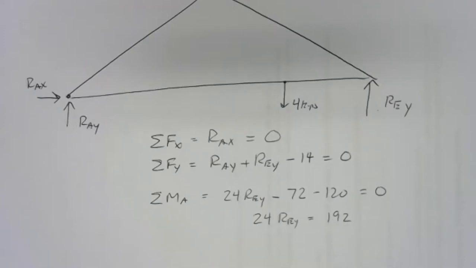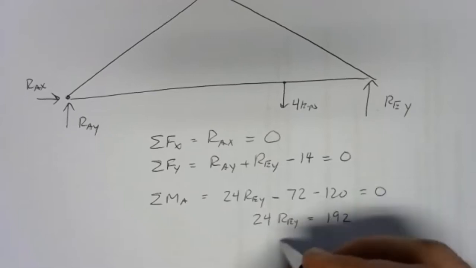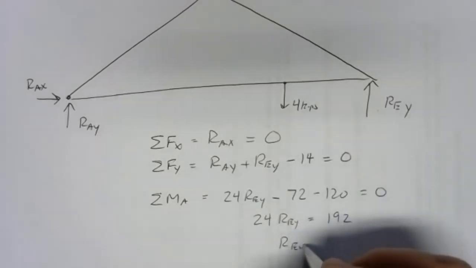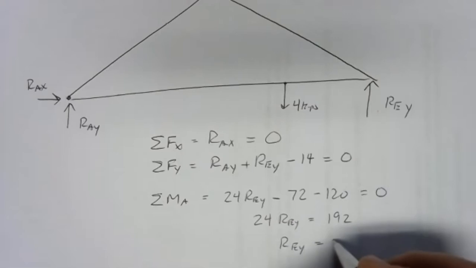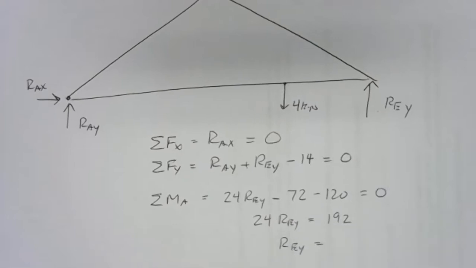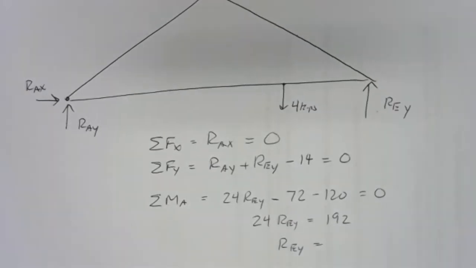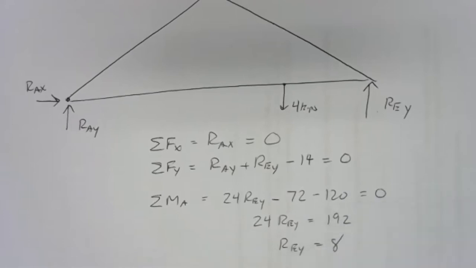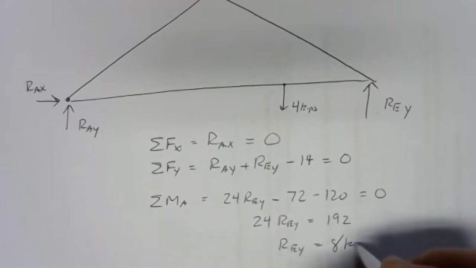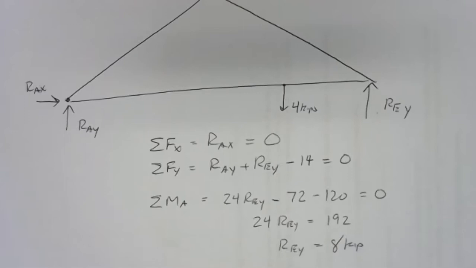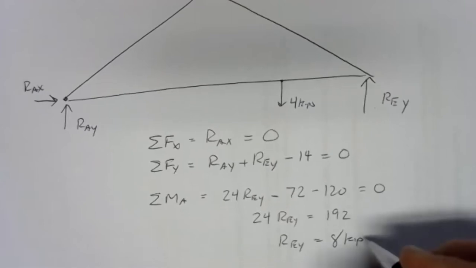And REY equals 8. And that's 8 kips. All right, so 8 kips.